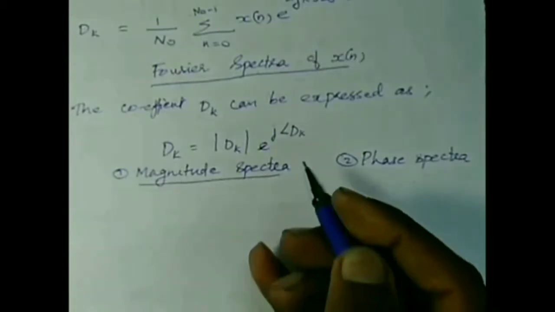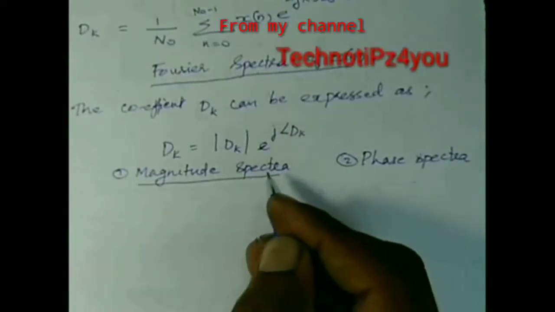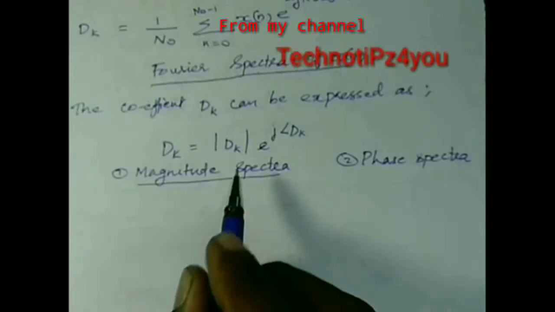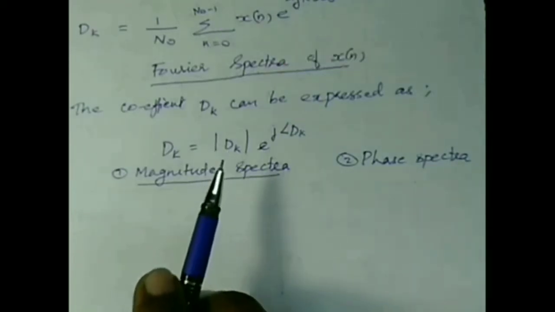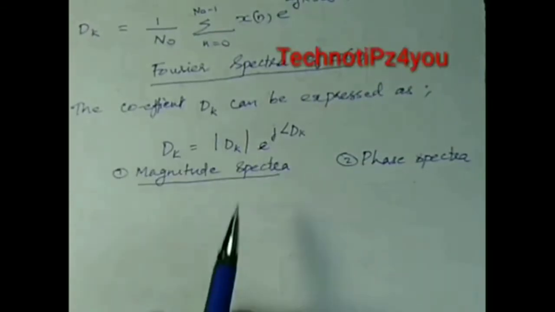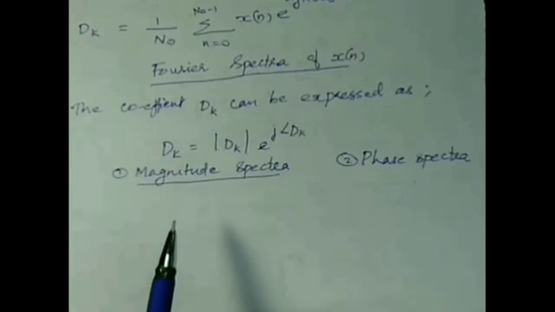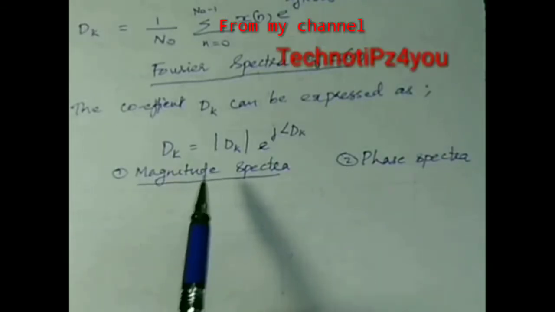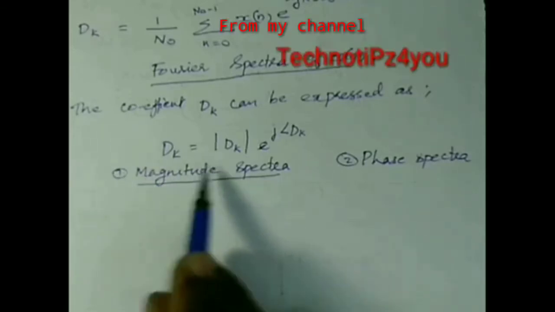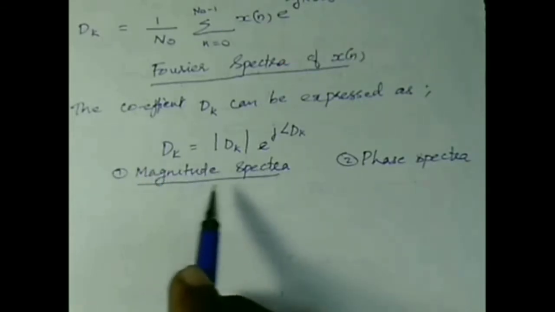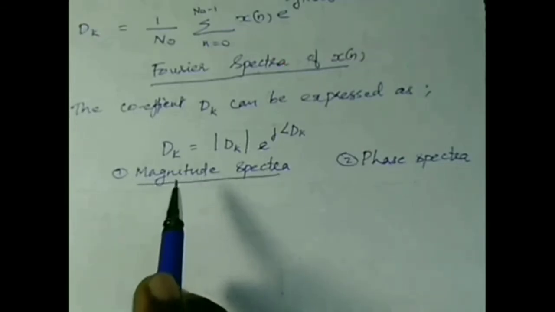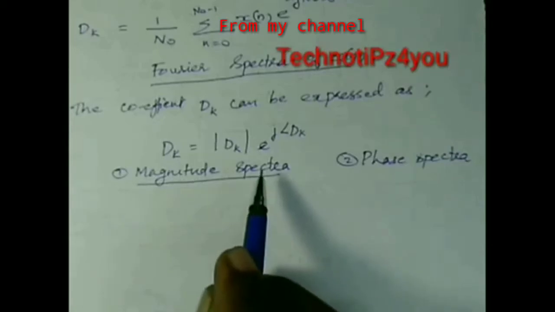First of all, let's discuss the magnitude spectra. Magnitude spectra is nothing but the magnitude versus frequency omega curve.